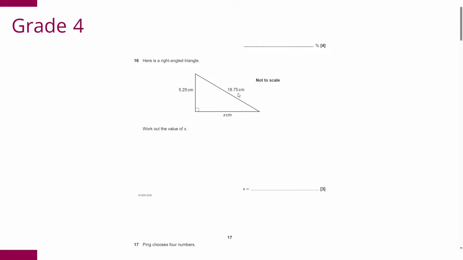So to do Pythagoras, first of all, you've got to identify the hypotenuse, which is always opposite the right angle. And then you just square the other two. So we call this A, call this B, and call this C. So it's A squared plus B squared equals C squared. And so it will be X squared plus 5.25 squared equals 18.75 squared.